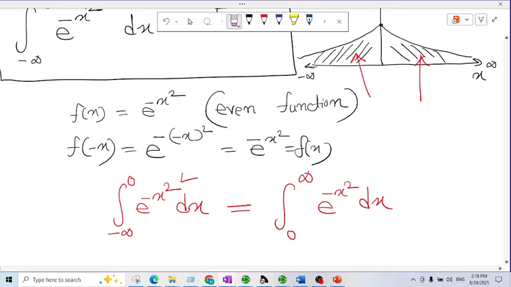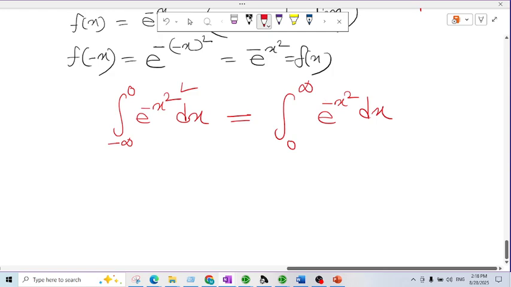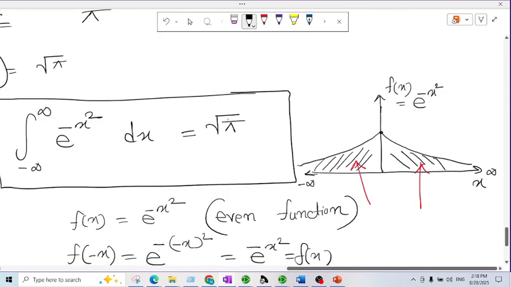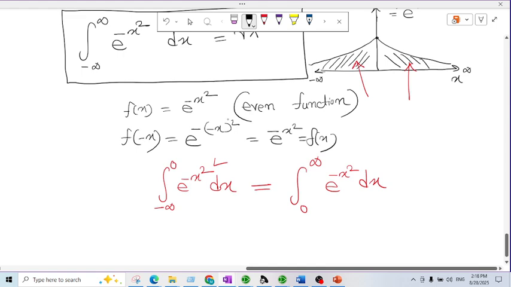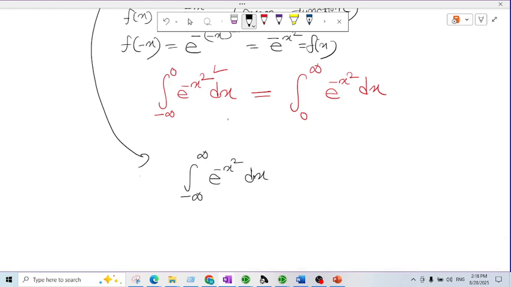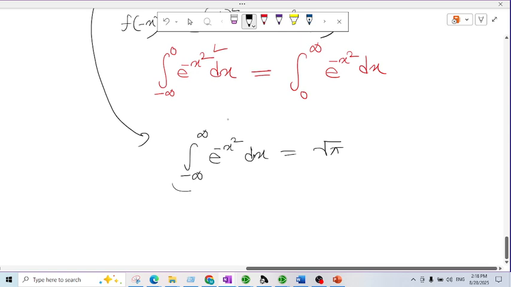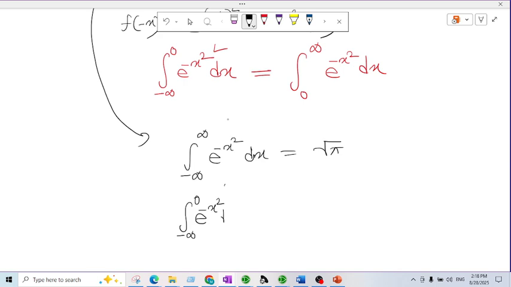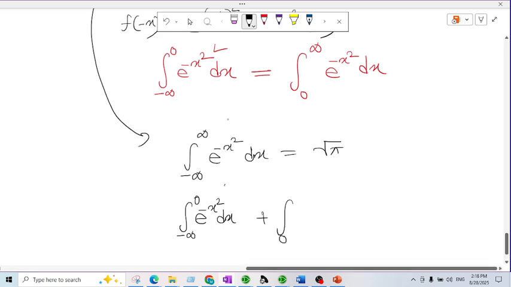Now let me write this function again here: minus infinity to plus infinity e to the power minus x square dx, which is equal to I, which is equal to root over pi. Now we can split this range into two. The first range will be from minus infinity to 0, and the second range from 0 to infinity.